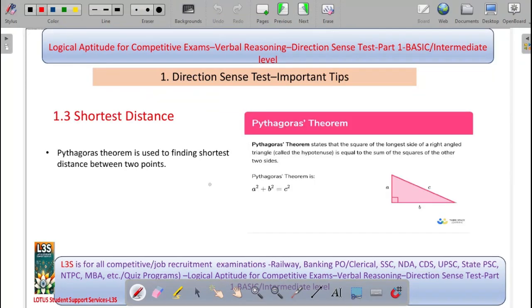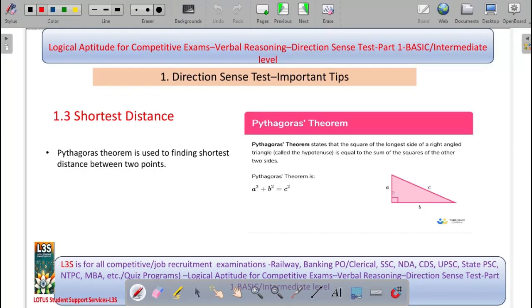Now sometimes questions come to find the shortest distance between two points. In this case we have to use the Pythagoras theorem, which states that the square of the longest side of a right angle triangle is equal to the sum of the squares of the other two sides.